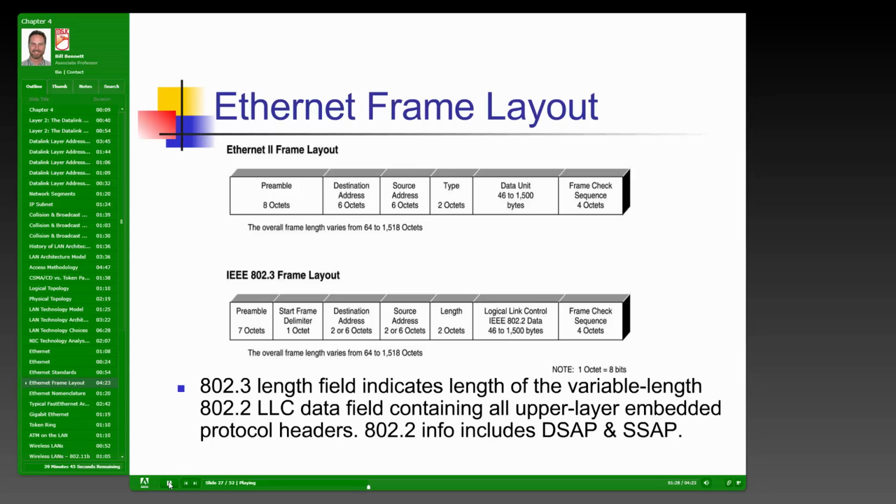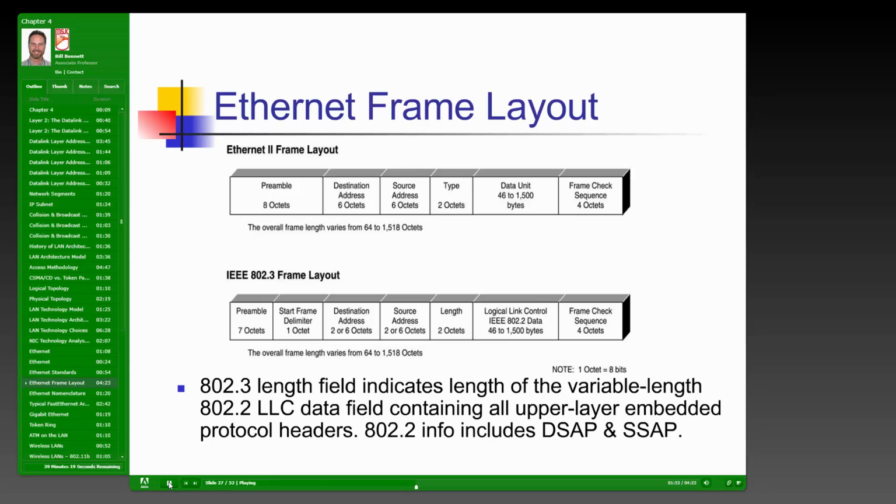And then at the end is our trailer, and we use that CRC, or frame check sequence, which is 4 octets long to make sure that the frame was received without error. So the encapsulation, again, remember, is the trailer at the end and the header at the beginning with the data contained within there. Then an IEEE 802.3 frame is a little bit different.